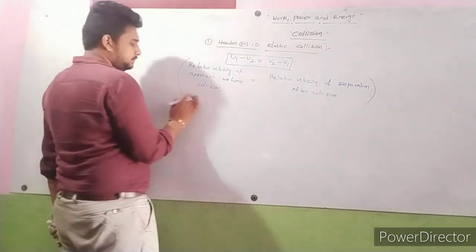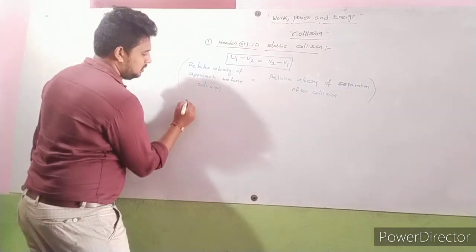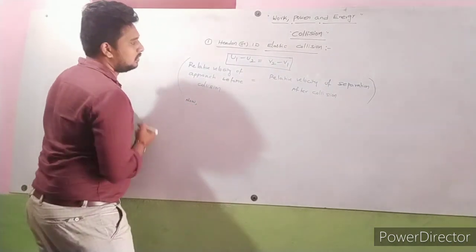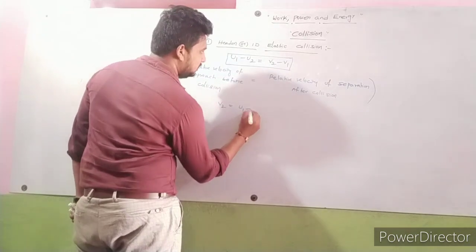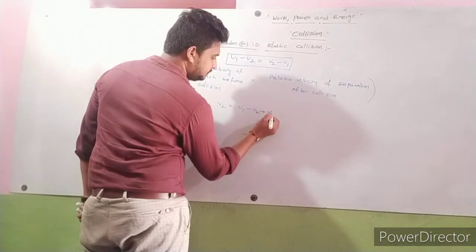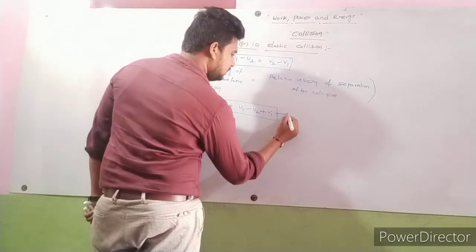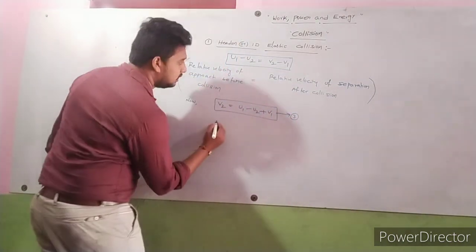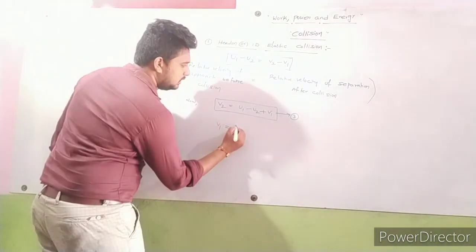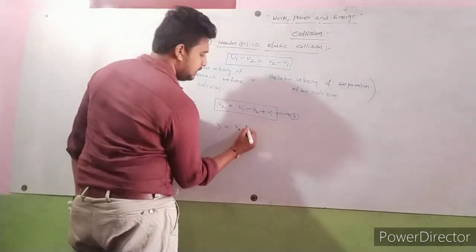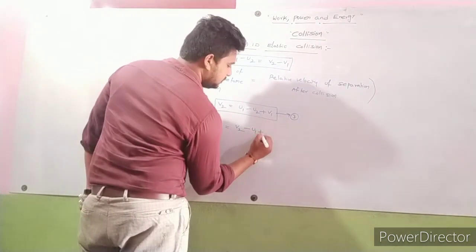So now, v2 is equal to u1 minus u2 plus v1. This is equation 3. Next, v1 is equal to v2 minus u1 plus u2.